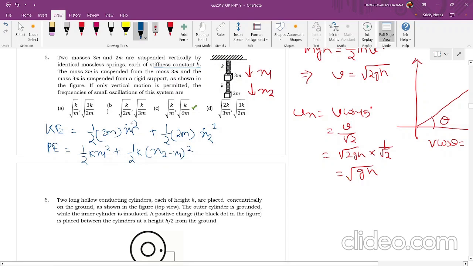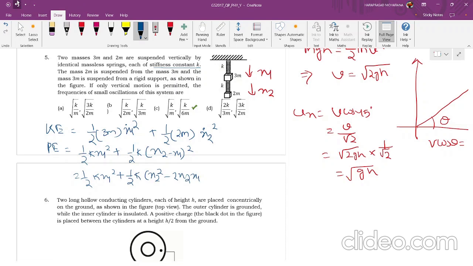If you open this up, you'll get half K x1 square plus half K x2 square minus 2 x2 x1 terms. To make the matrix look simpler, we can write it in the form with x1 and x2. I guess you got it.